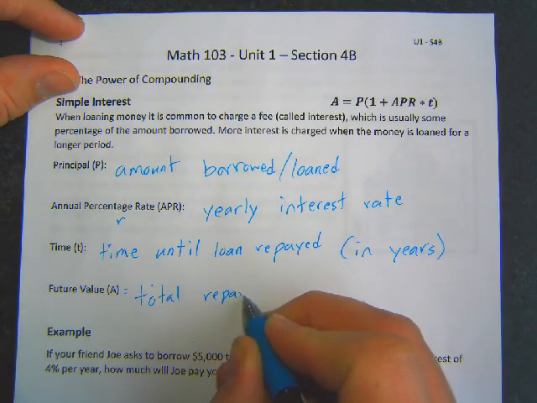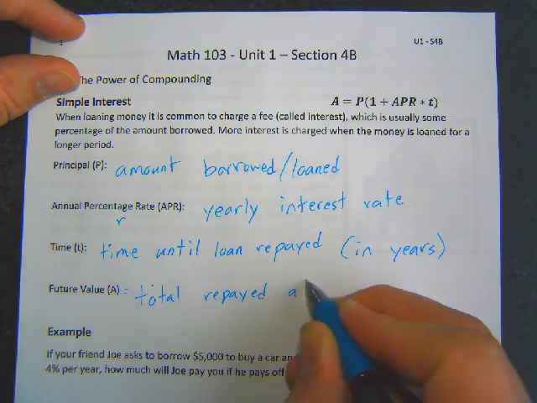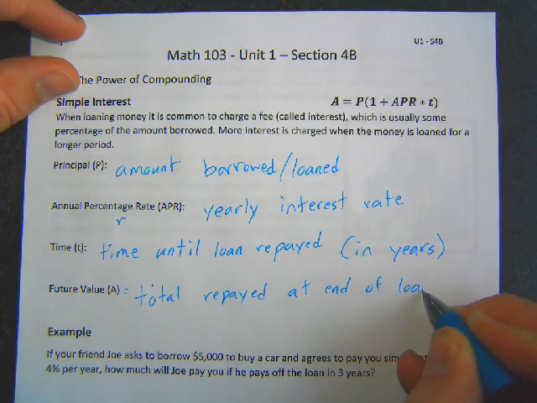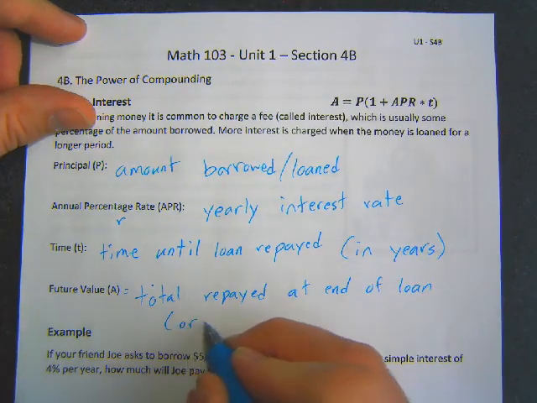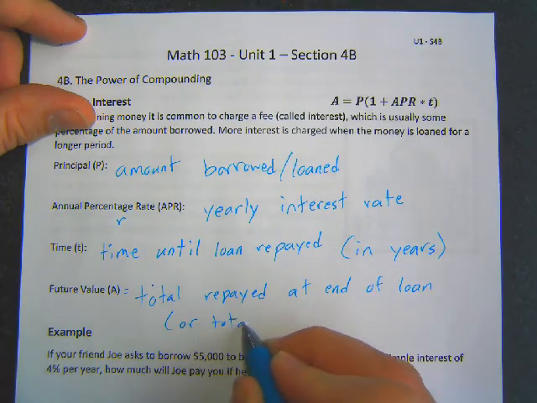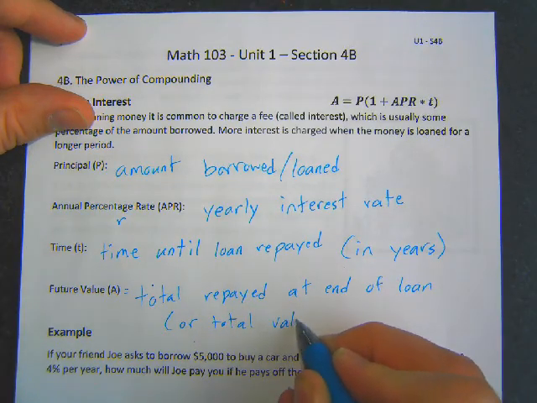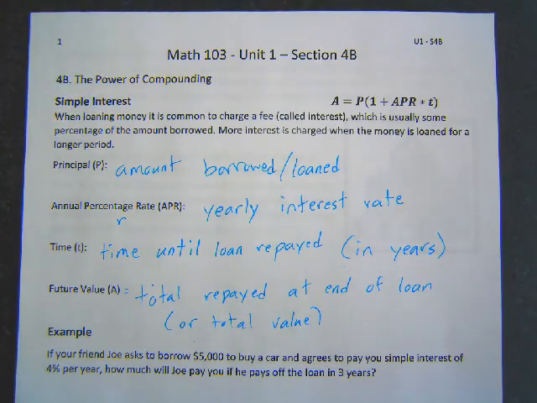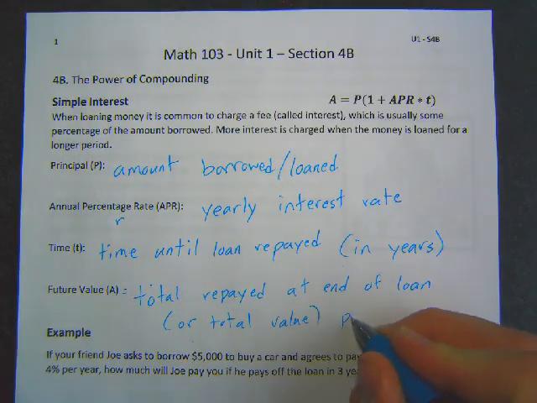Future value, or final amount, accumulated balance, that's going to be A. It's the total repaid at the end of the loan, or total value. So this includes both your principal, the amount that's borrowed that you started with, plus all the interest.